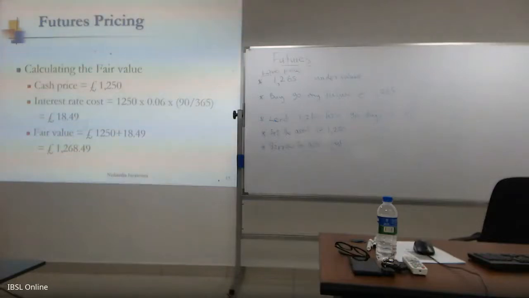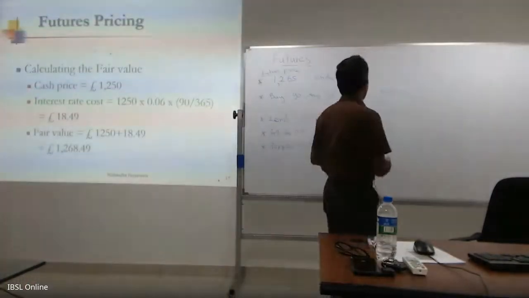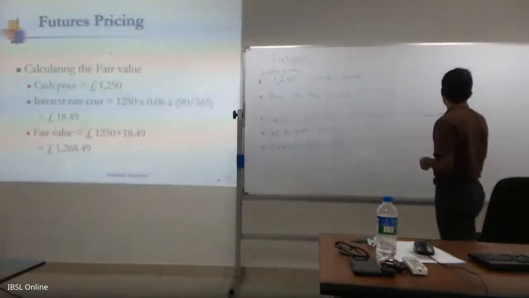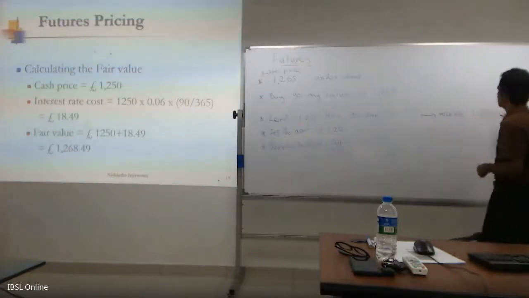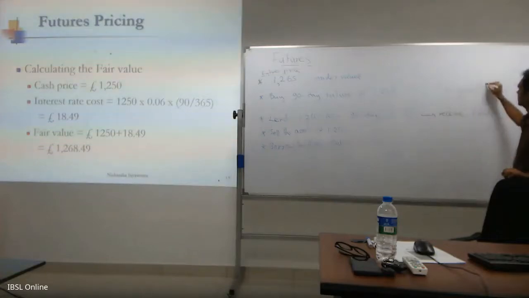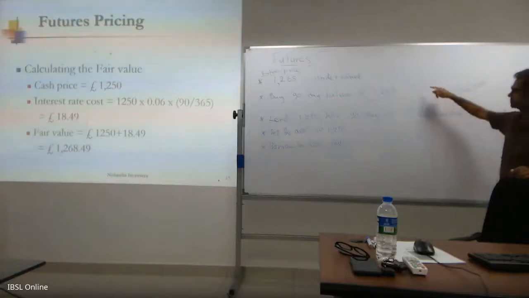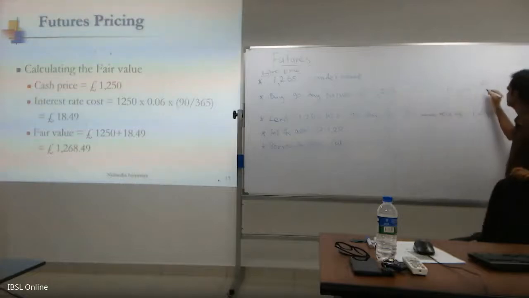Now this is fine. Now what do you do? After 90 days, on this contract, you receive 1,168.49, pay 1,265 on this contract, and get the asset.